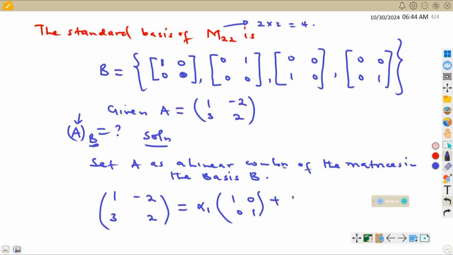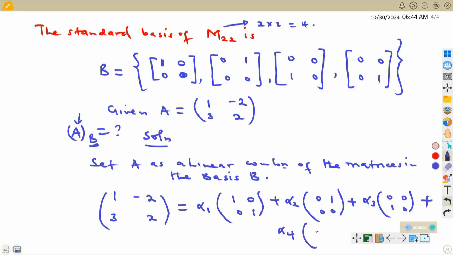So that is alpha 2 into 0, 1, 0, 0, then plus alpha 3 into 0, 0, 1, 0, then plus alpha 4 into 0, 0, 0, 1. So we shall have that.